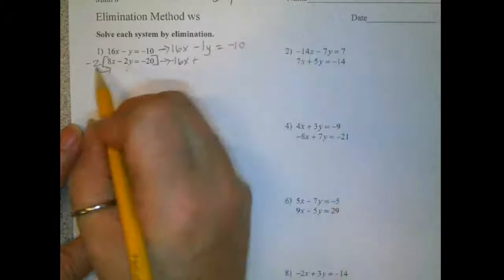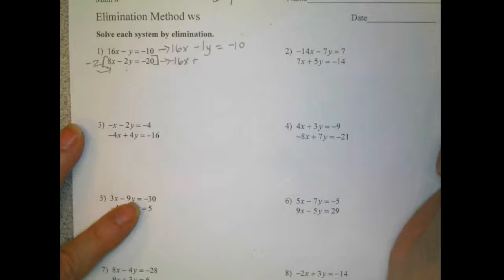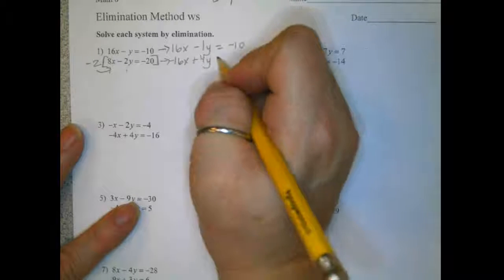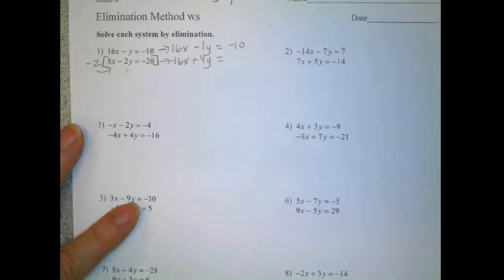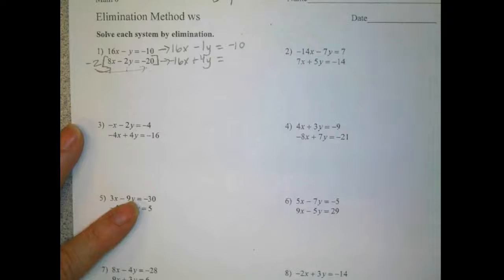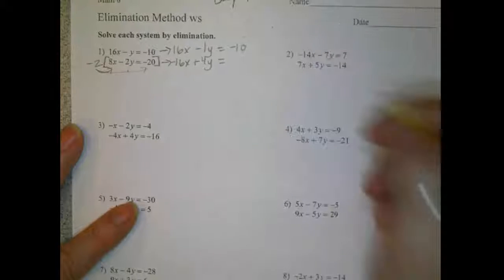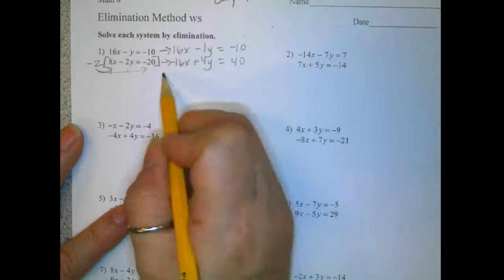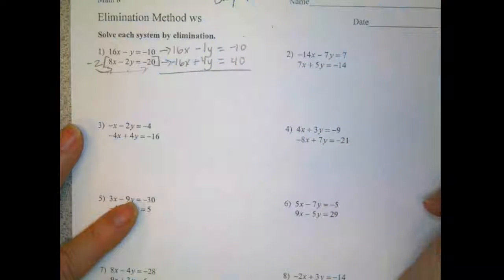Positive. 2 times 2 is 4y. Bring down my equal. Negative 2 times a negative 20 is going to give me a positive, right? 2 times 20 is 40. Good.